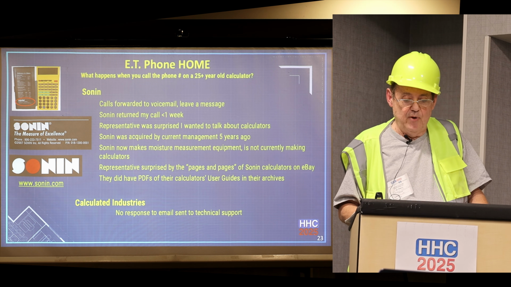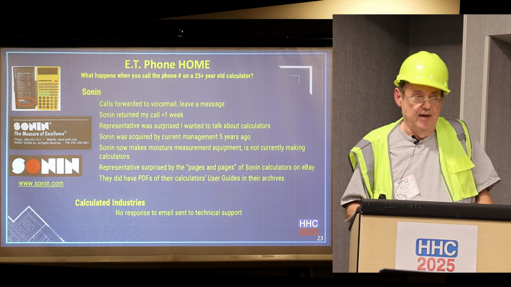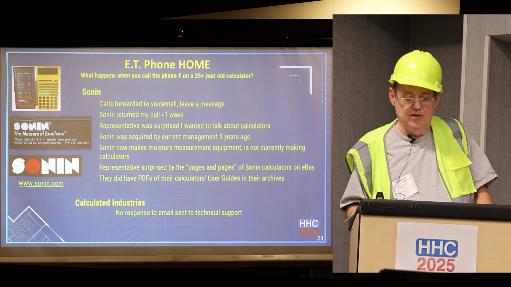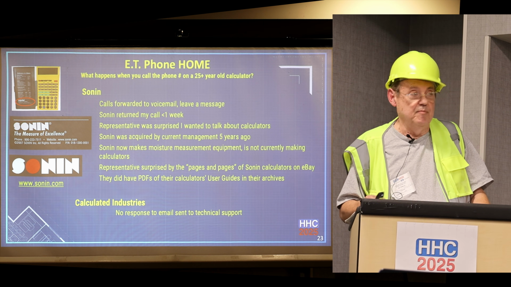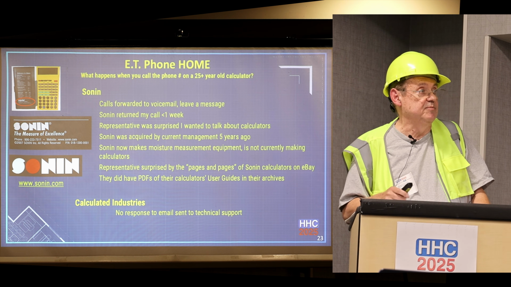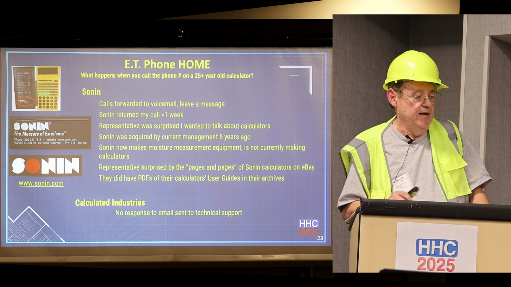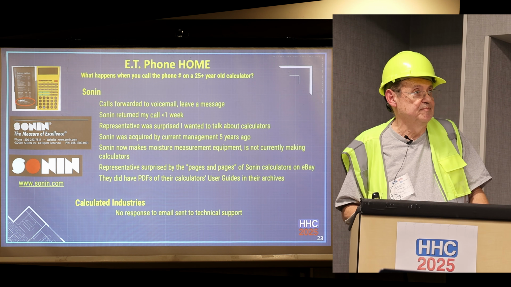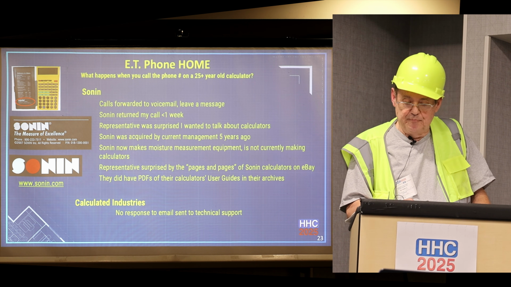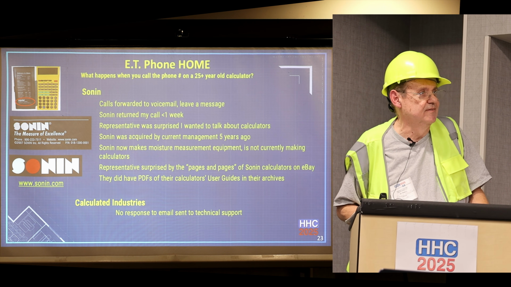The representative was surprised I wanted to talk to him about calculators. He said that Sonin was acquired by current management 5 years ago, and if you go to their website, they now make moisture measurement equipment, and are currently not making calculators. He said, where did you get one?